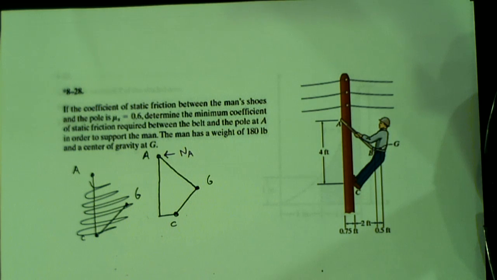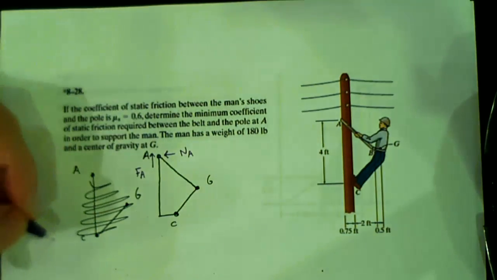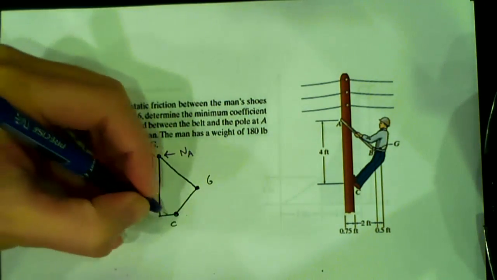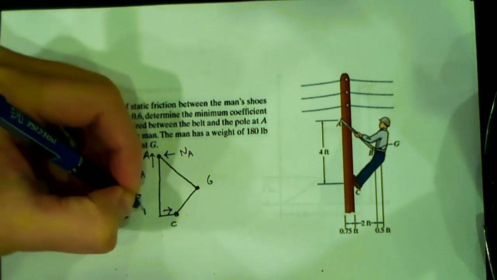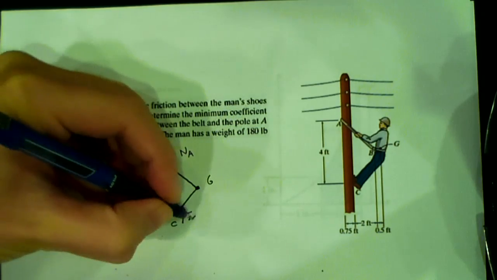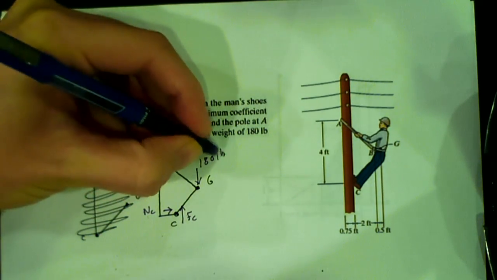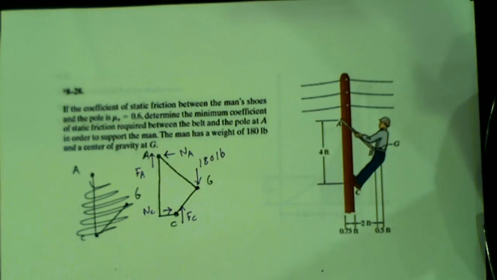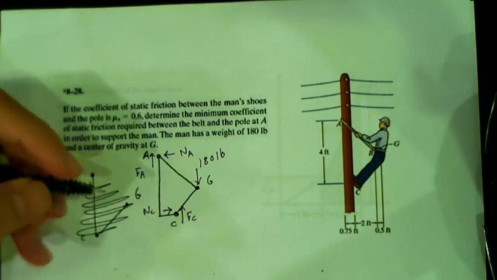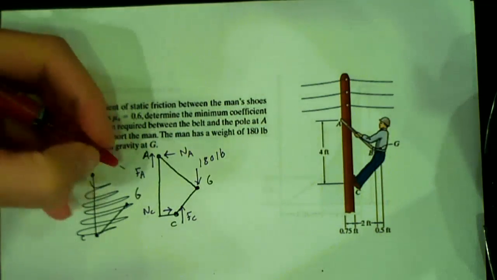Therefore, which way does friction work? Up. Good. So I have force of friction at A. Then on this side, I have my normal at C, and then friction at C, and I have his weight at G. And so for distances, let's use a different color.